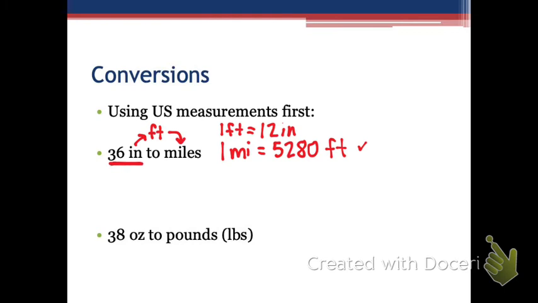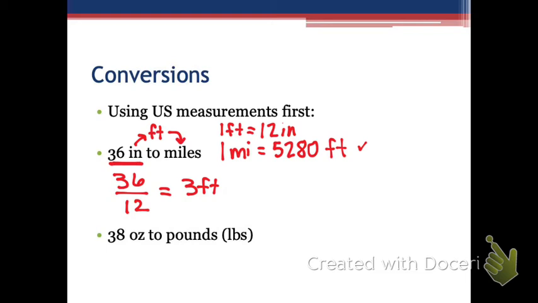What do you think? If I wanted to go from inches and find out how many feet that is, would I multiply or would I divide? I would divide, because think about it, 36 inches should be a smaller number of feet. Agreed? If there's 12 inches in a foot, I would take 36 divided by 12 and I get 3 feet.